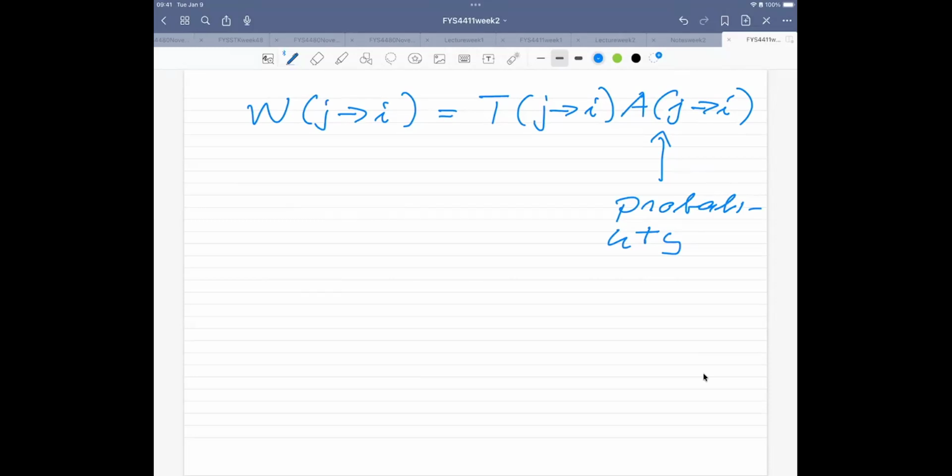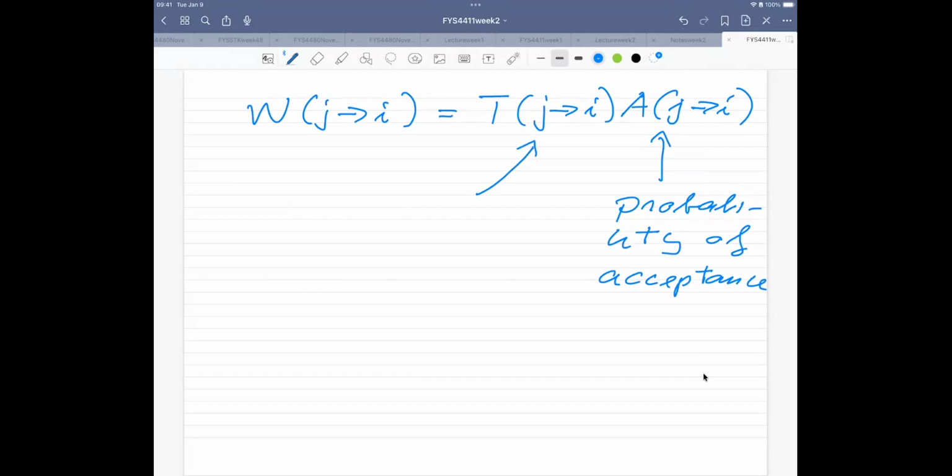So when you don't know something, in a certain sense, you're free to model it as you want. Obviously, you model it according to your insights. So this is the probability of accepting a move. So I make a suggestion of making a move, and then I'm multiplying my probability of making the transition. But then I'm saying that I may not accept this move.